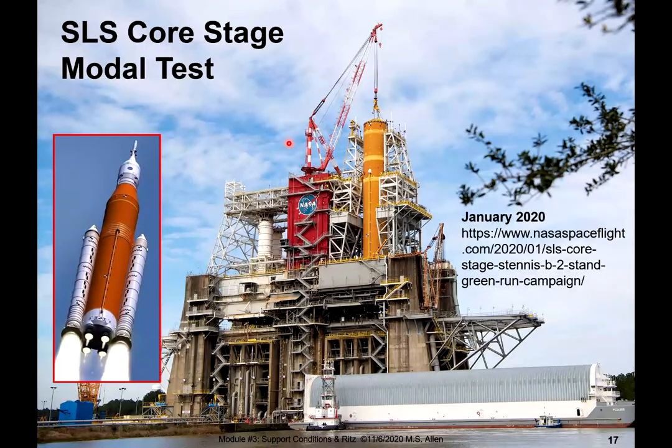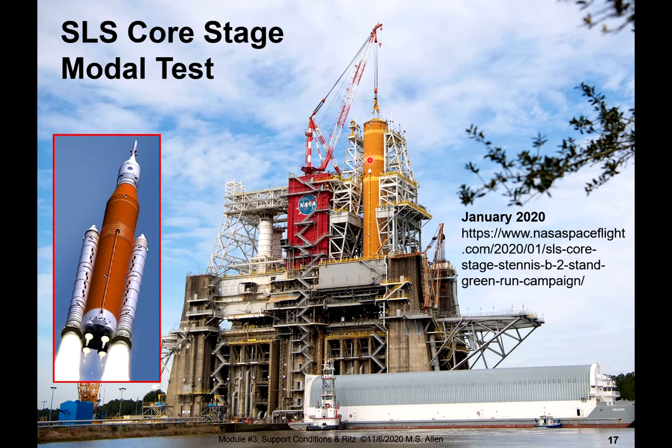Another example, fairly recently, NASA, as part of the Space Launch System, tested the core stage of the new SLS rocket, which is being built. This is an artist rendition, hasn't flown yet. But you can see the core stage here, and there it is hanging for its modal test. And it might not be obvious in the photo, but there's some cables, there's a crane.